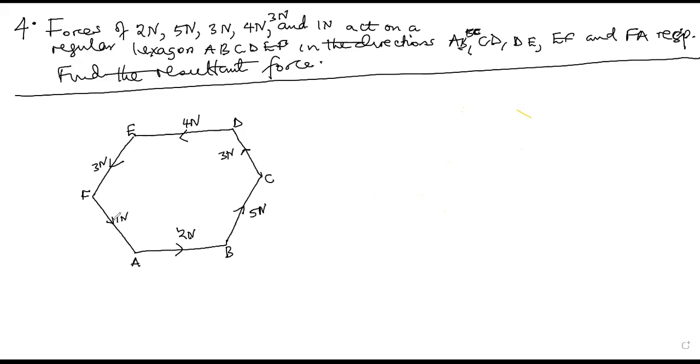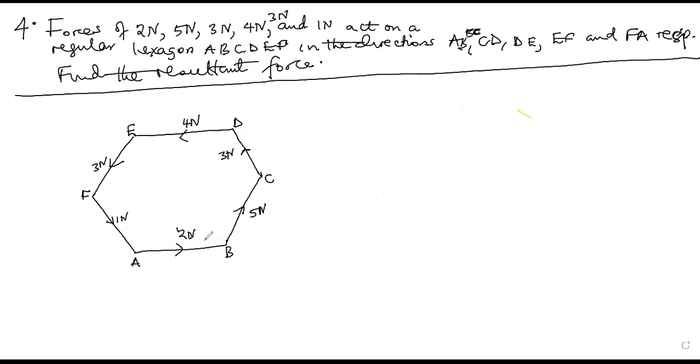According to what we have looked at, if I give each one an angle, we can resolve each force. When you look at the 2 Newton force, since it is acting on a straight line at 0, we don't resolve it.